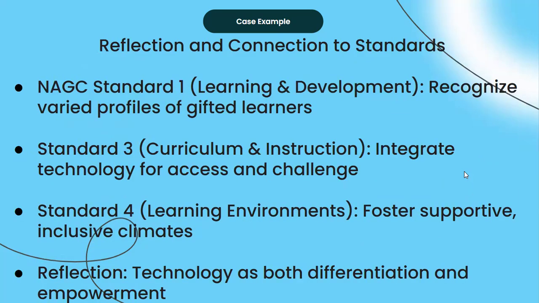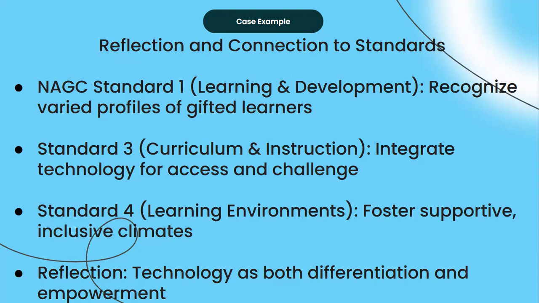Through the NAGC lens, it's important for us to consider how Mr. Ramirez's classroom actually aligns with multiple standards. For example, Standard 1 calls for recognizing that gifted learners exhibit diverse cognitive, social, and emotional profiles, including twice exceptionality. His design acknowledges that giftedness and disability coexist without diminishing either.